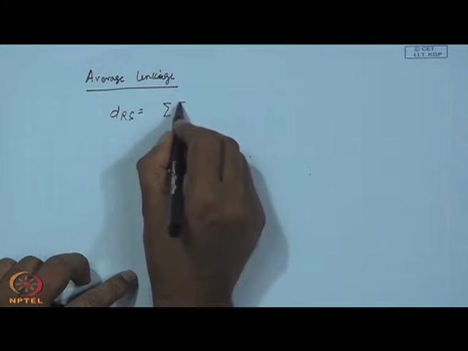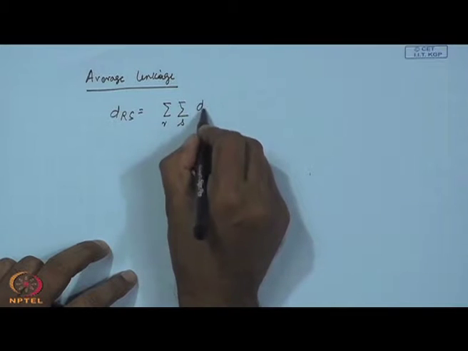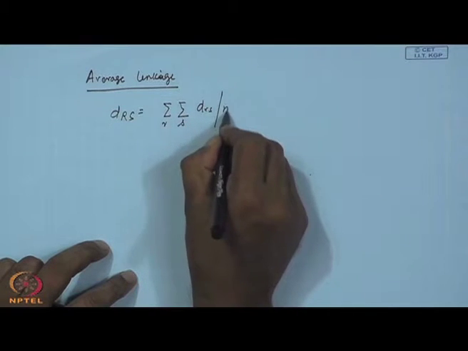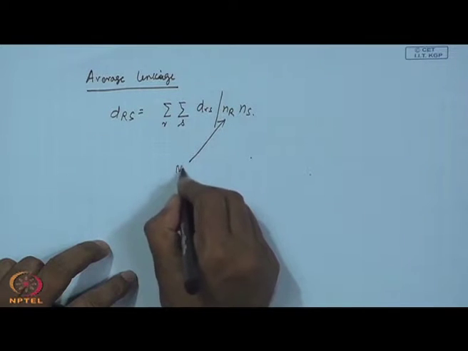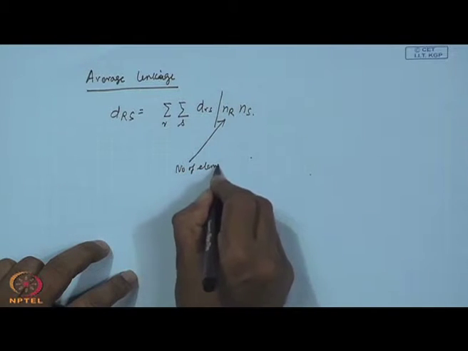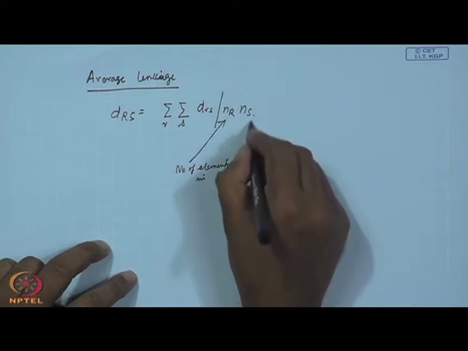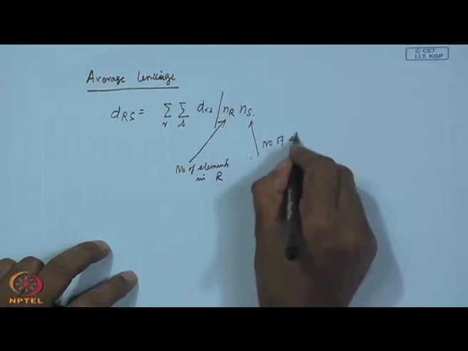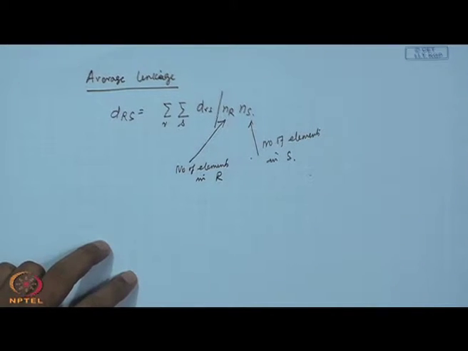This will be the sum total over r in R and s in S of d_rs divided by N_R times N_S, where N_R is the number of elements in cluster R and N_S is the number of elements in S. Okay.